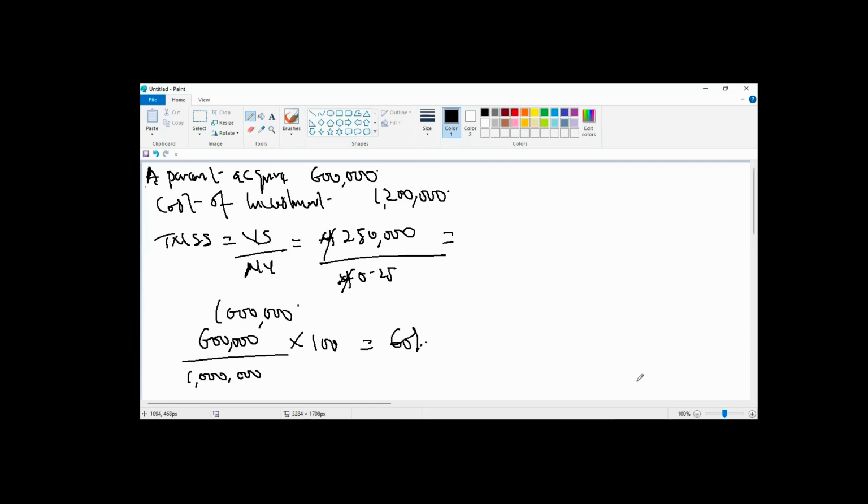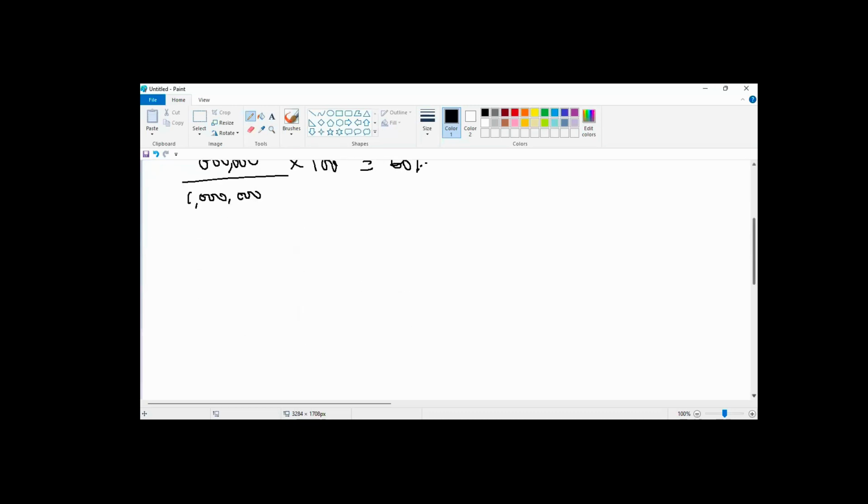So for the group structure, parent 60%, NCI 40%. Good.